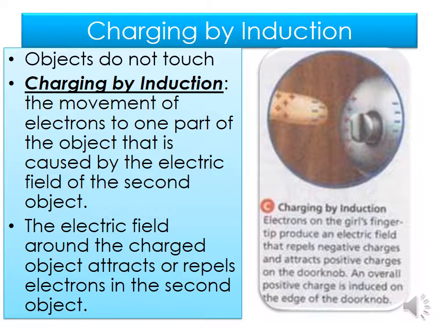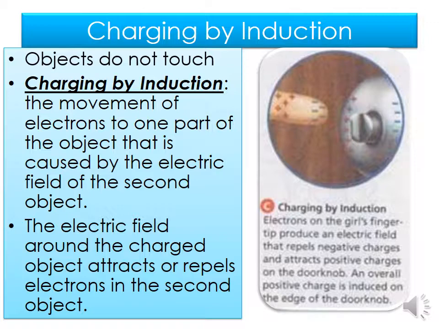Now she's got the negatively charged particles on her finger. Now she goes to touch a doorknob, her finger has that overall negative charge, and that electric field around her finger, because it's negatively charged, is going to have an induction effect on that doorknob.